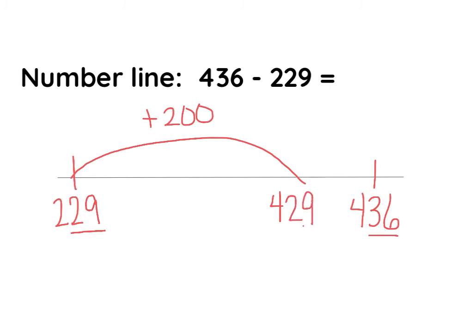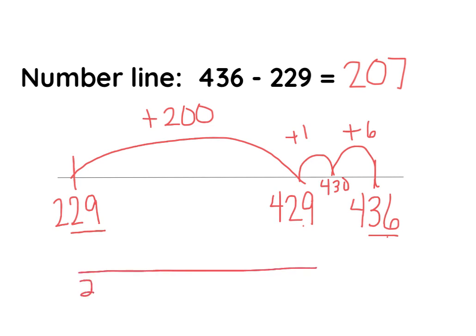Now, how do I get to 429 to 436? Well, if you need to add 1 to get to 430, and then 6 more to get to 436, you can. So 207. That was probably easier than what we've been practicing, where we add the partner, which is 71.